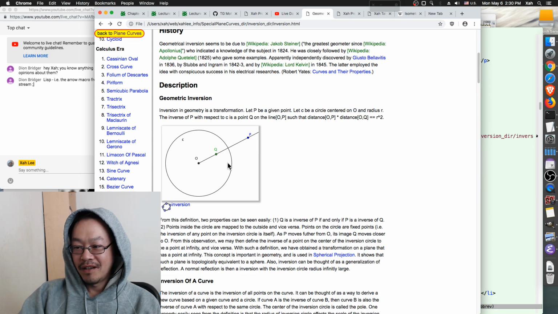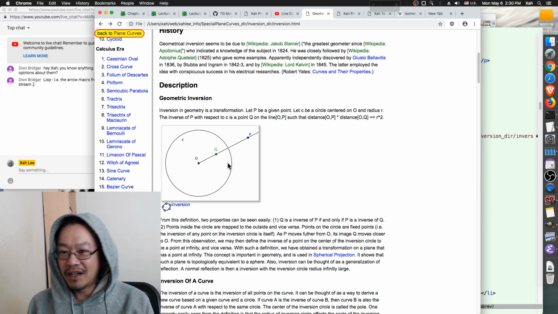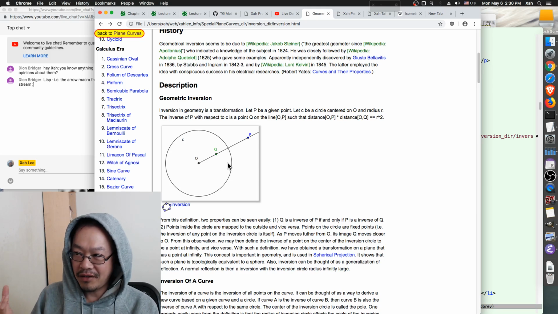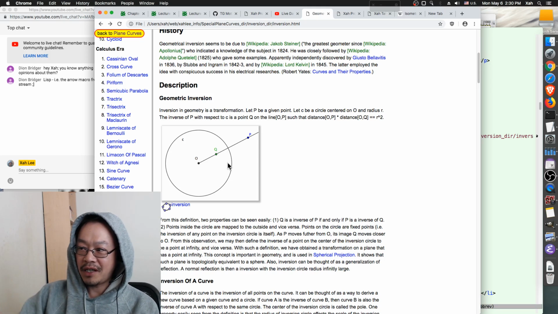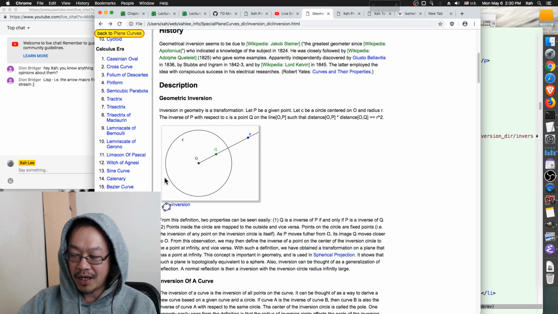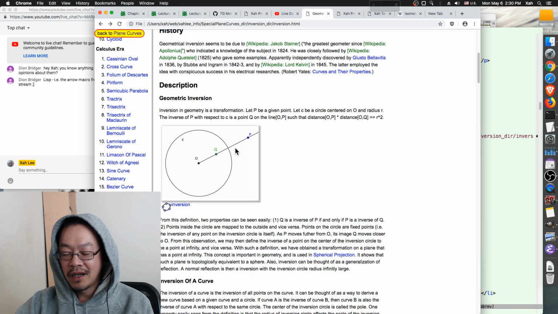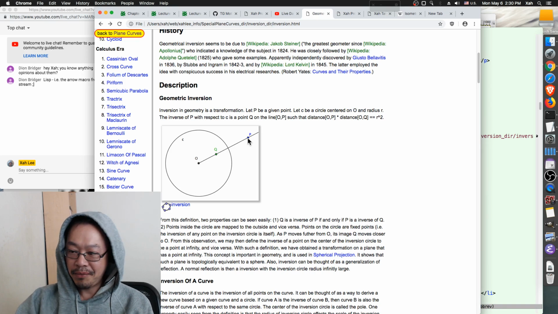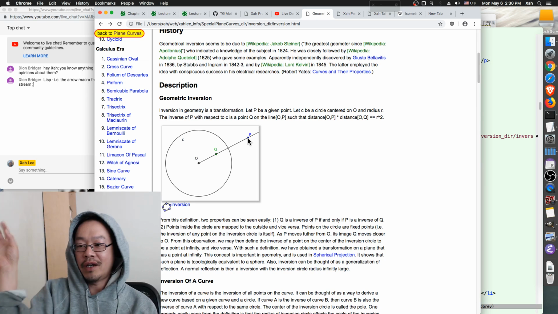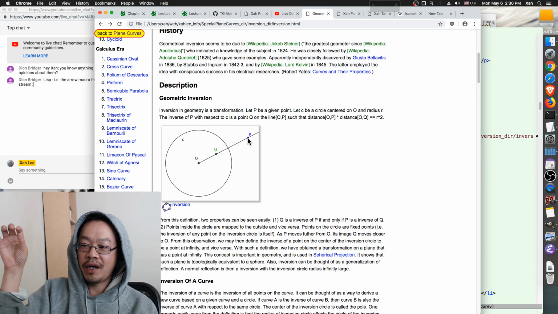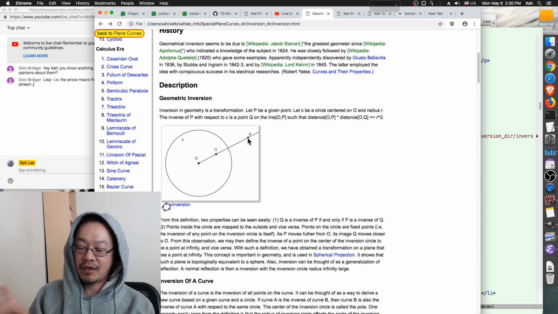Okay, so do you guys see the definition of inversion now? Given a circle, you have a radius r, and given any point P in the plane anywhere, you want to find out where the new P is after the transformation.